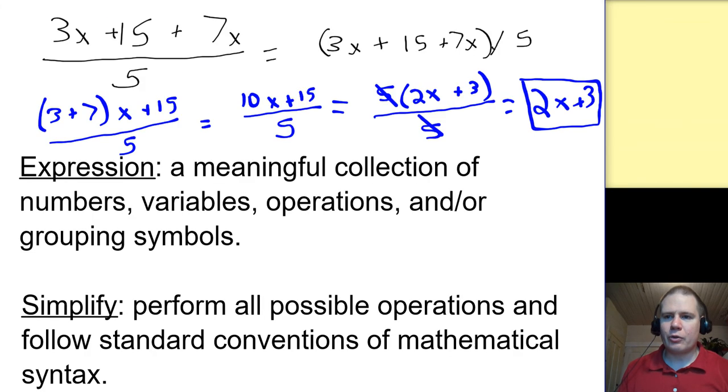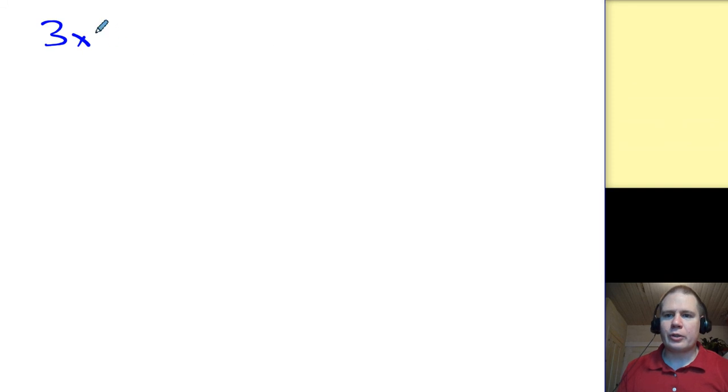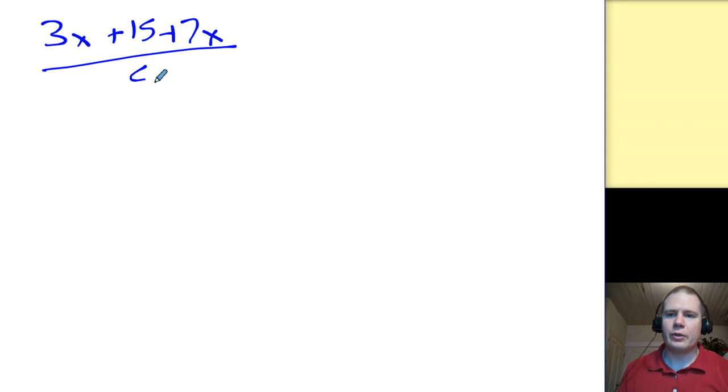What we spend a lot of time with, in addition to expressions, is things like 3x plus 15 plus 7x over 5 equals 8. Something like that. Right?